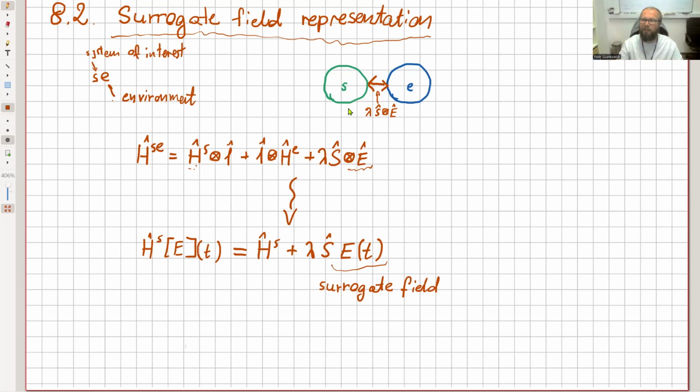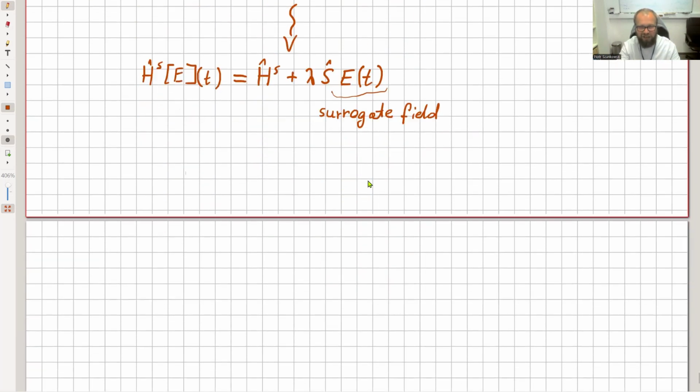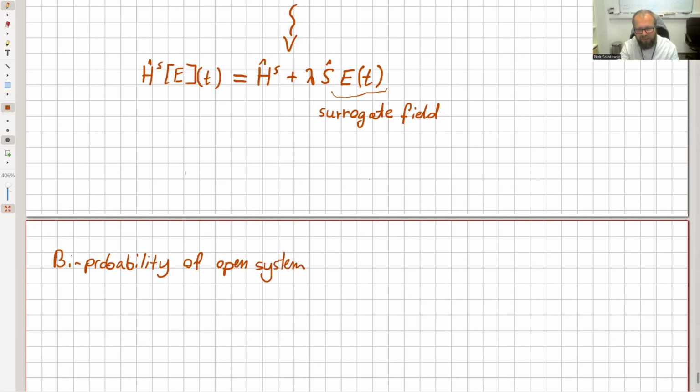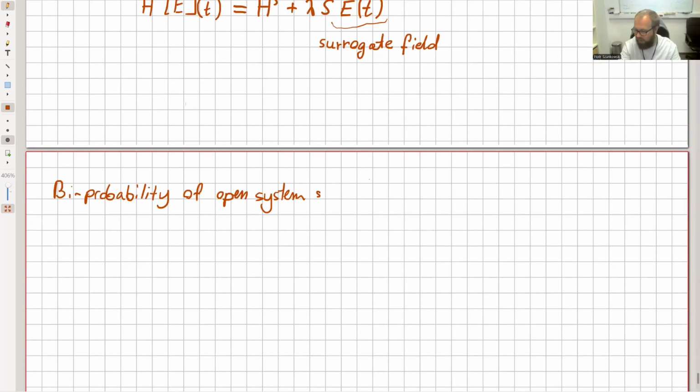And we learned on the previous lecture that to do that, you have to be able to compute the by probability distribution for system S, conditioned by the presence of system E, for the open system S. We called it on the previous lecture QS conditioned by E, right?